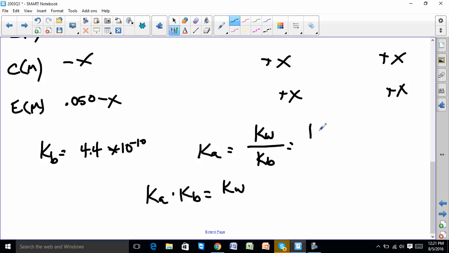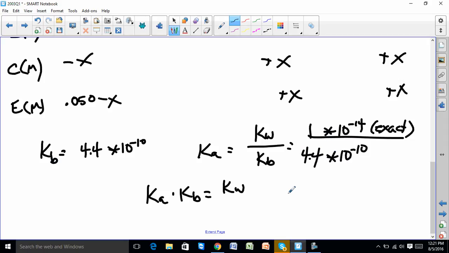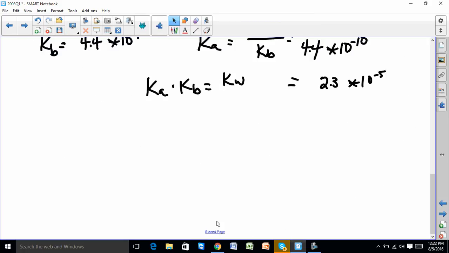Well, Kw is always 1 times 10 to the negative 14, exact. That's why pH plus pOH always adds up to 14, divided by 4.4 times 10 to the negative 10. And if you do that, you end up with 2.3 times 10 to the negative 5. Oh, this problem is so tough. And so you've got to use your solver.